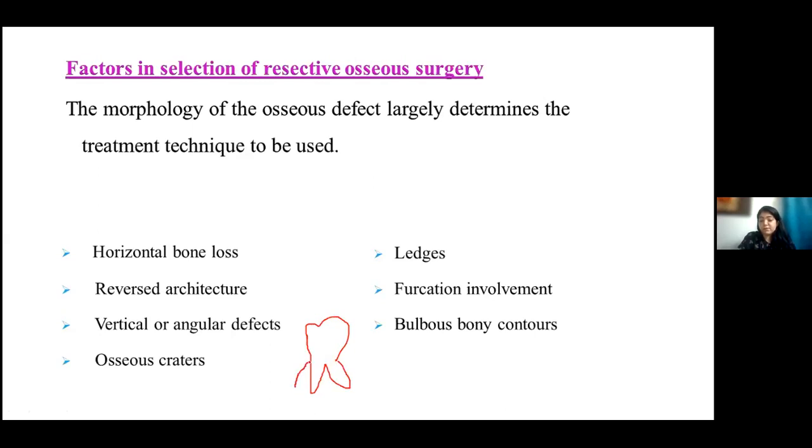Supposedly, the bone is like this. So what you can do for furcation, either you can graft this with something or you can do tunneling.